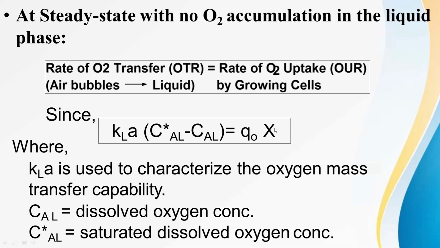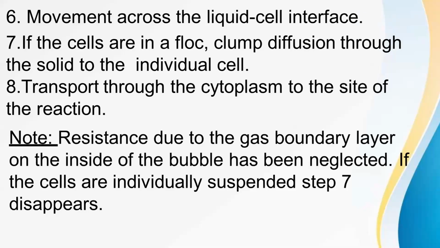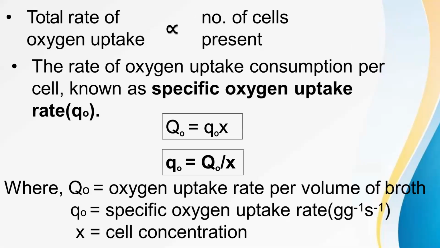Now what is Q naught and X? Remember, we have studied Q naught earlier. Do you remember it? X is the cell concentration. What is Q naught? I'll show you here where we have studied it, for you to recollect. See, so what is small Q naught?